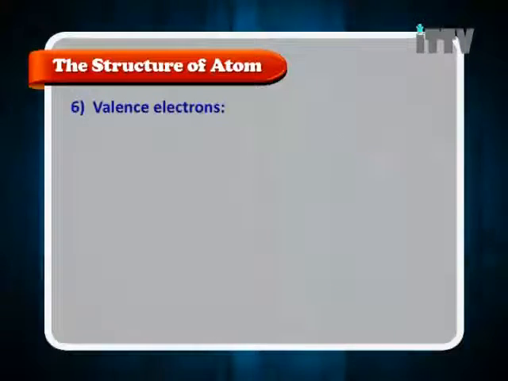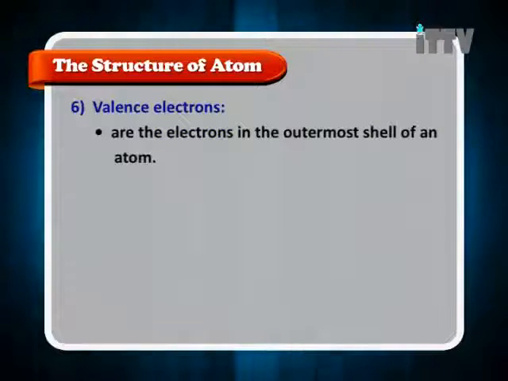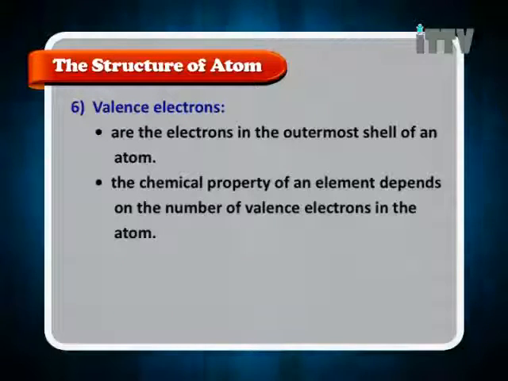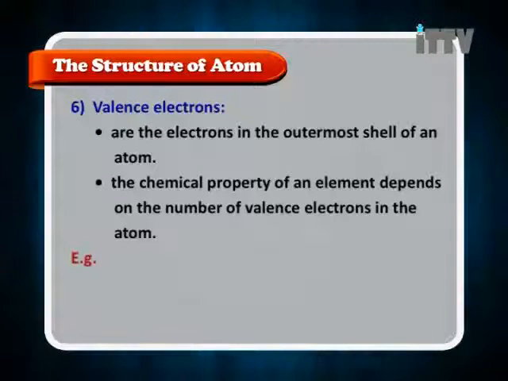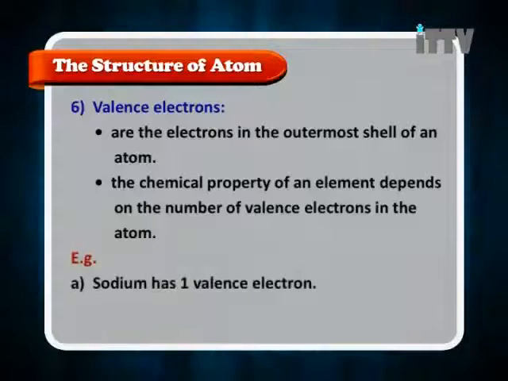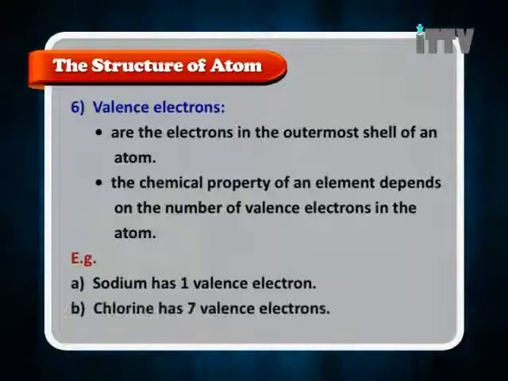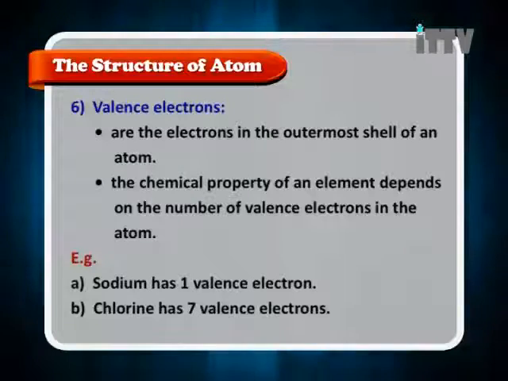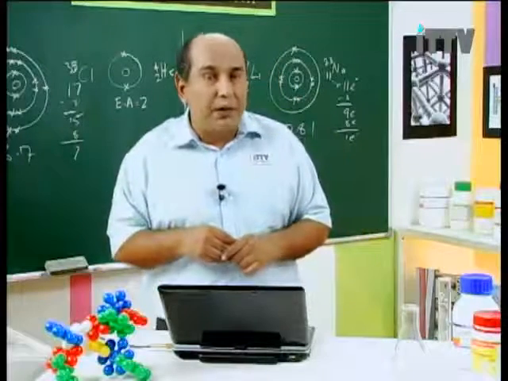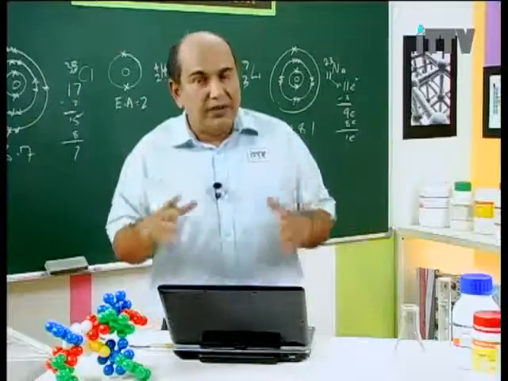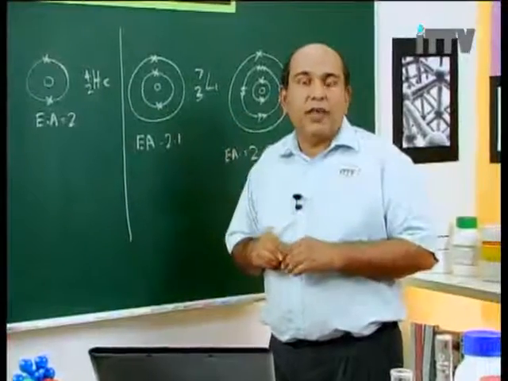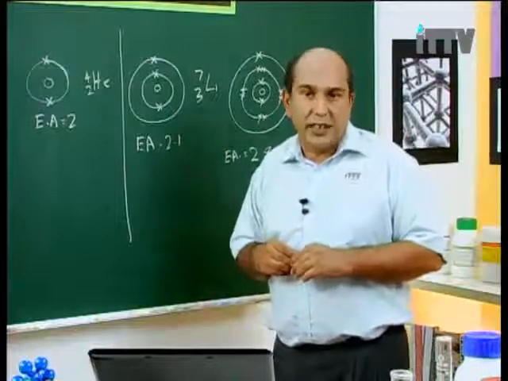Valence electrons are the electrons in the outermost shell of an atom. The chemical property of an element depends on the number of valence electrons in the atom. Example, sodium has 1 valence electron. Chlorine has 7 valence electrons. So remember, valence is the outermost shell. And as we said, the number of electrons in the outermost shell is known as the valence number.